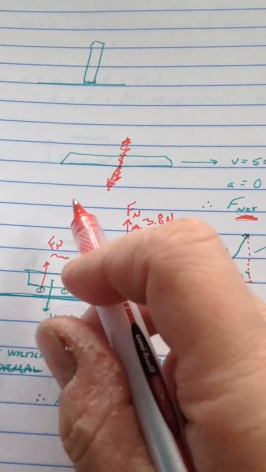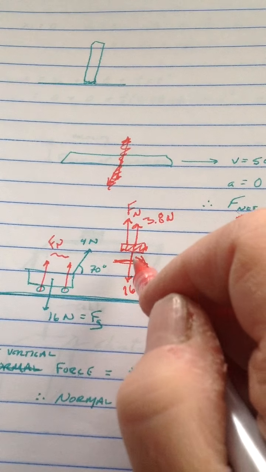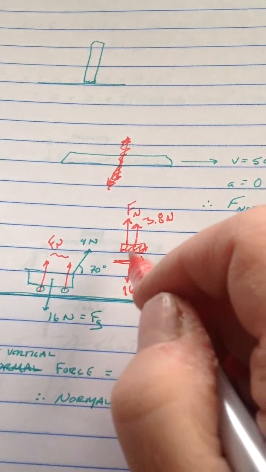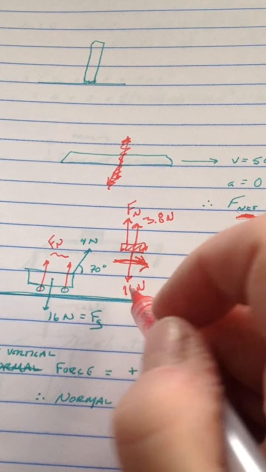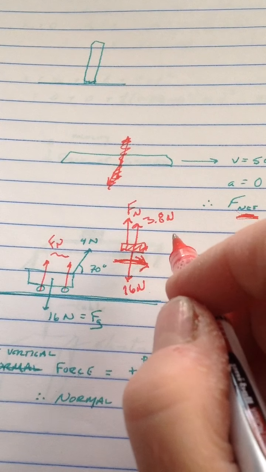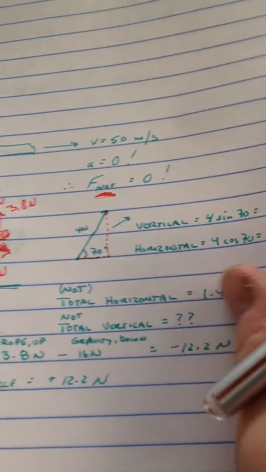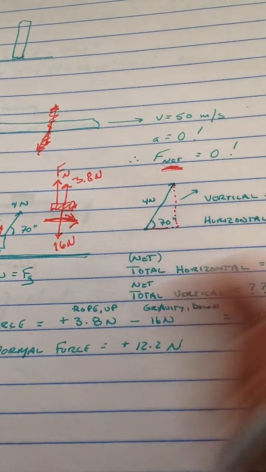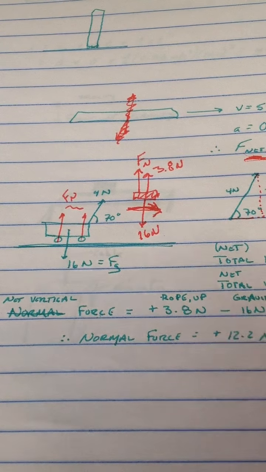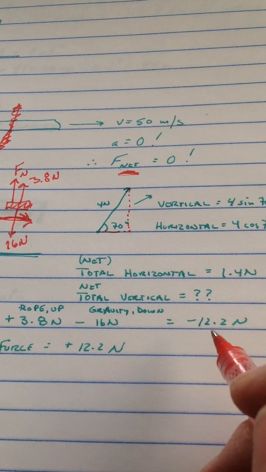Because the wagon is not floating off, nor is it sinking through the ground, we know that the upward and the downward forces have to be equal. So 16 equals 3.8 plus the normal force. So the normal force has to be 12.2 newtons.